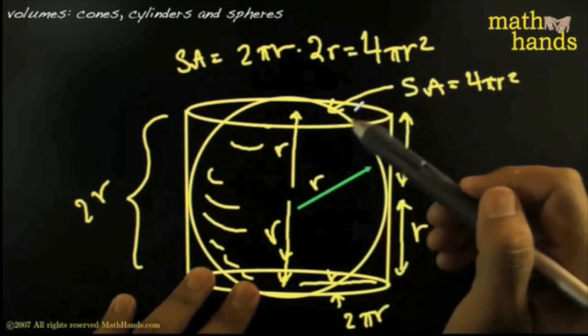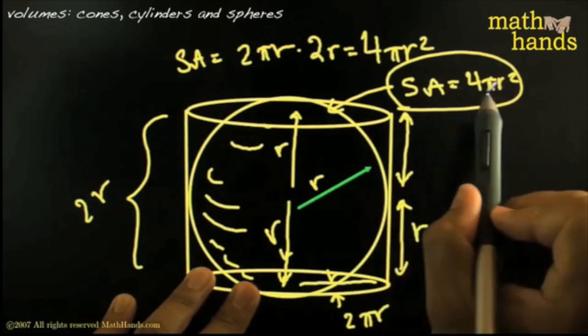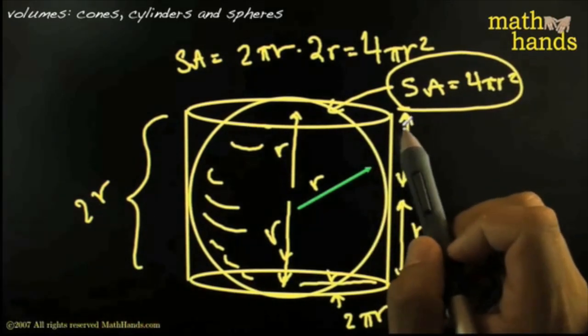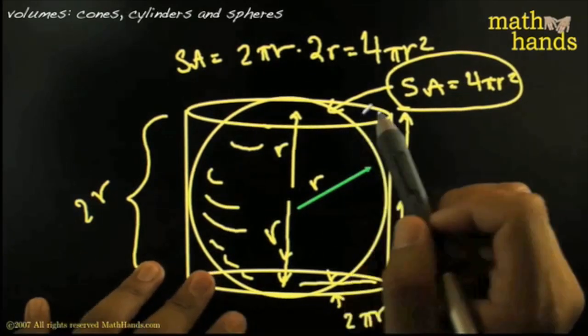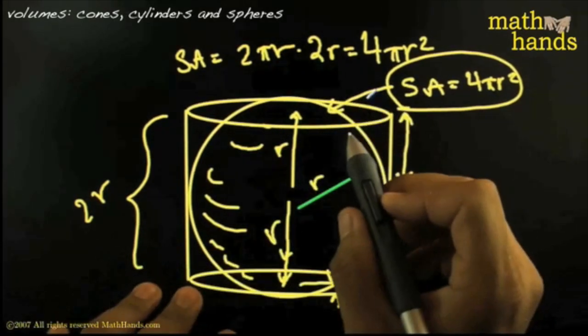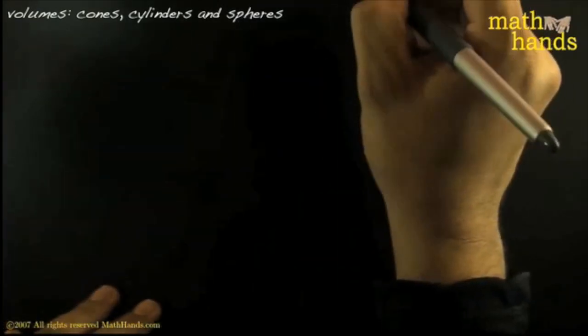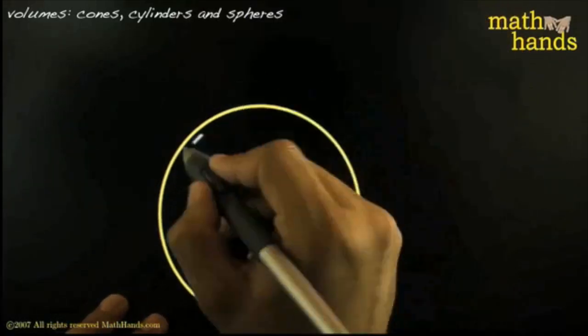So these two have exactly the same surface area, and that's one famous way that one can derive the formula 4 pi r squared, a super famous formula for spheres. Now, back to volumes. The question at hand now is, if you have a sphere, then what is the volume?